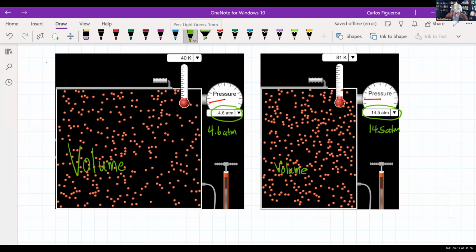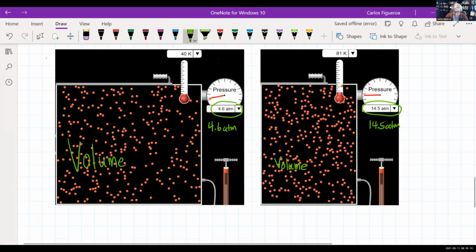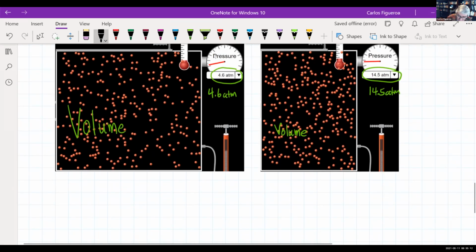So when we're looking at this, what you're seeing is that if I reduce the volume, I automatically have more collisions with the walls.